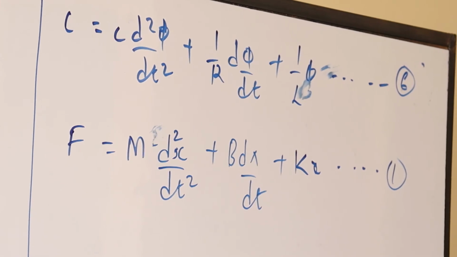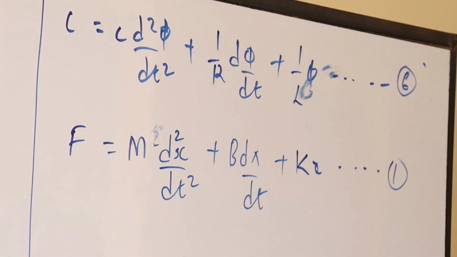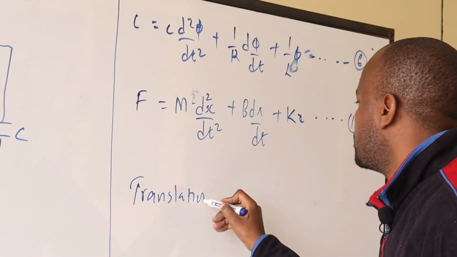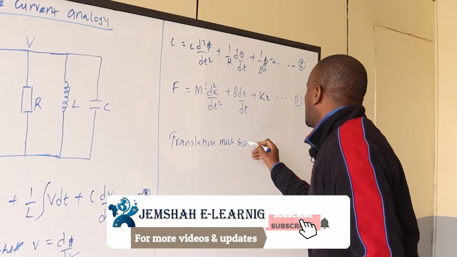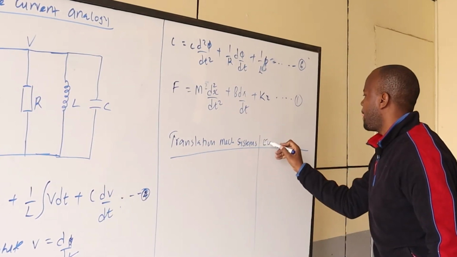So if we compare that, the first thing that we will notice is that this is analogous to that. We can have translational mechanical systems on this side, and then we have electrical systems.